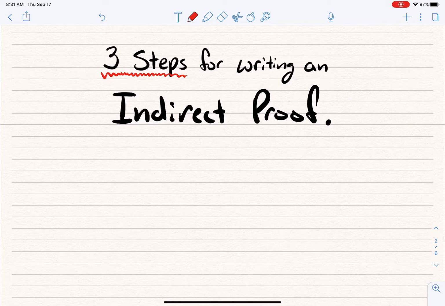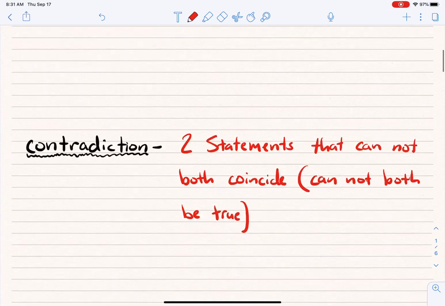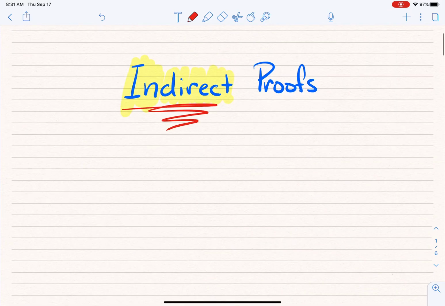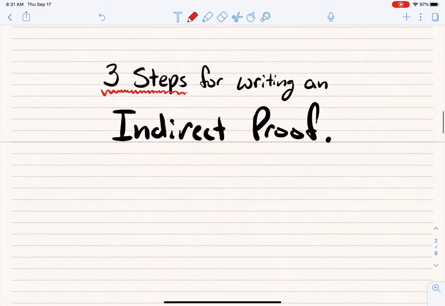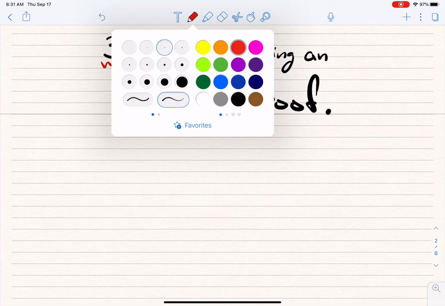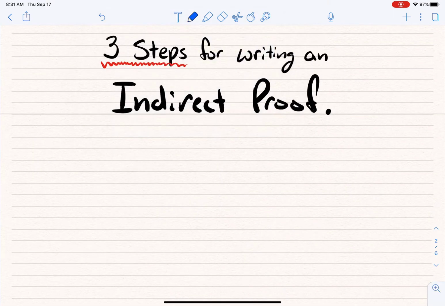So what I do want you to write down, hopefully you already wrote down the definition of the word contradiction. Hopefully you wrote down indirect proofs or indirect reasoning. And so now I want you to write down the 3 steps for writing an indirect proof. Okay? So step number 1. What's step number 1?